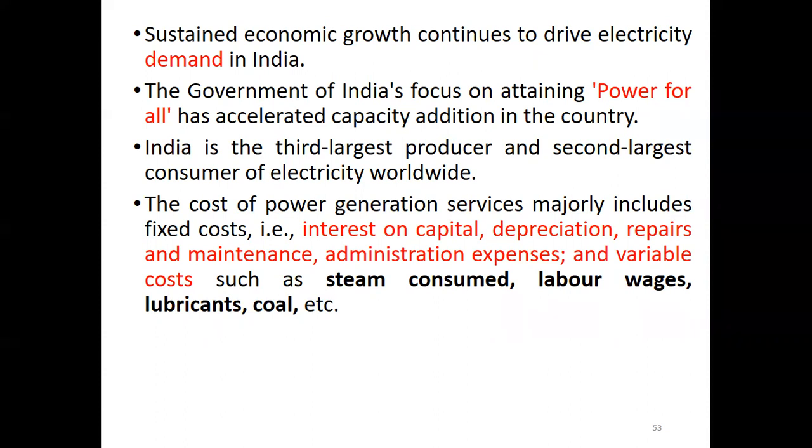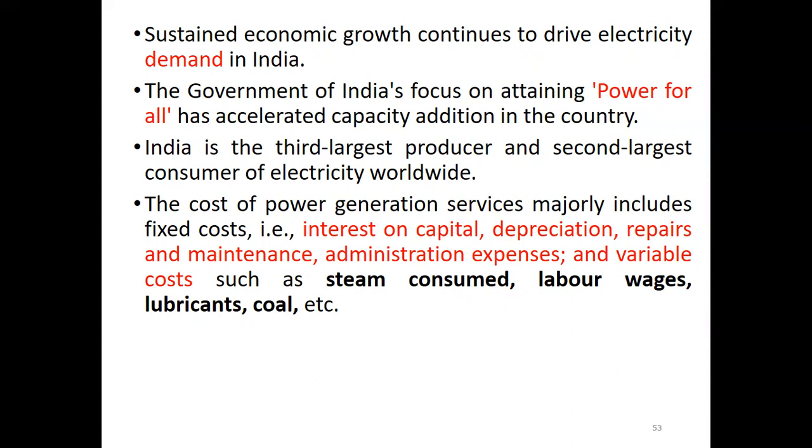Then administrative expenses, hiring of labor, hiring of electricity handling persons. So administration cost is also one of the expenses, and variable costs such as steam consumed, labor wages, lubricants and coals.